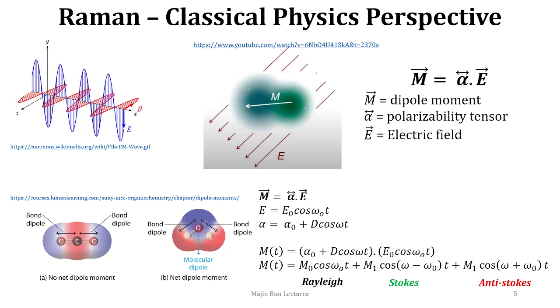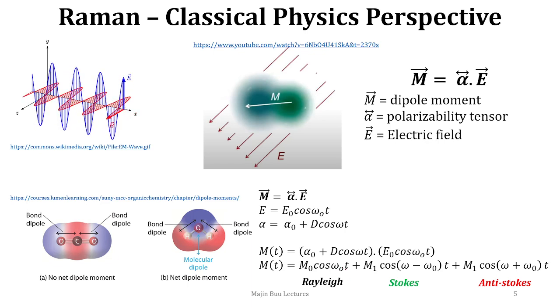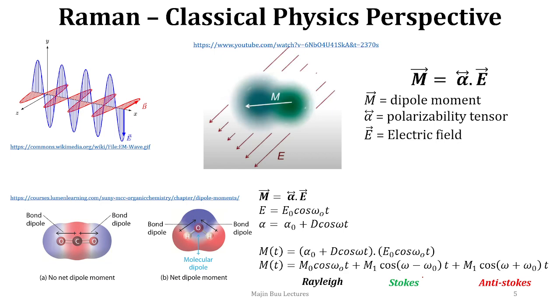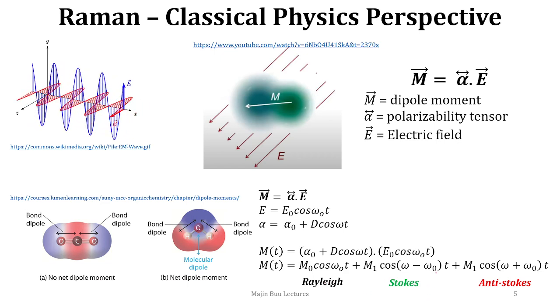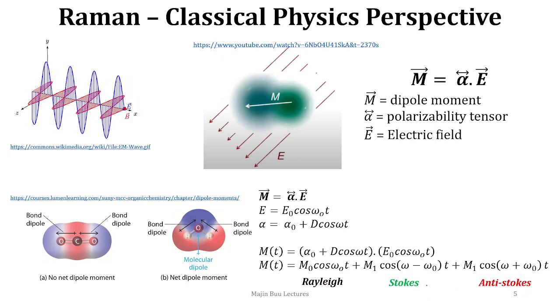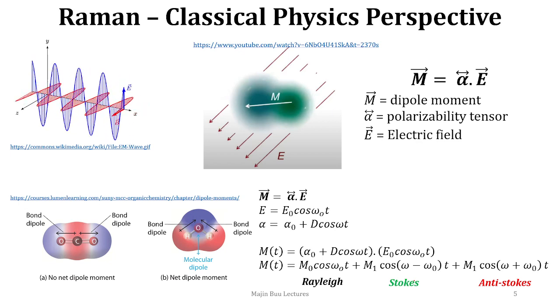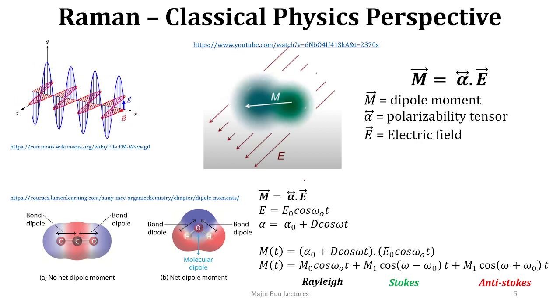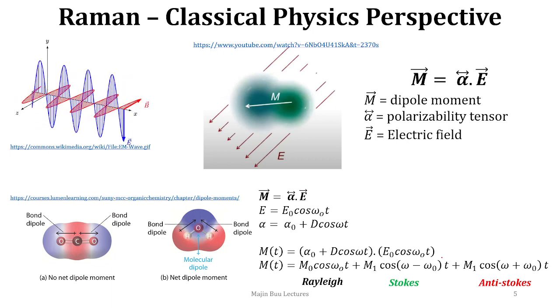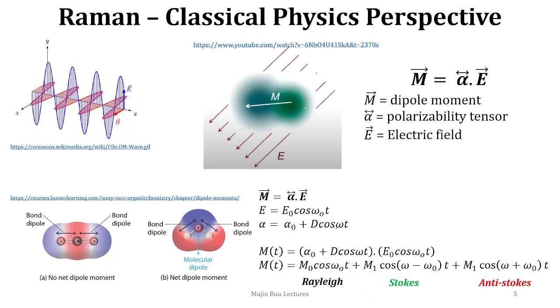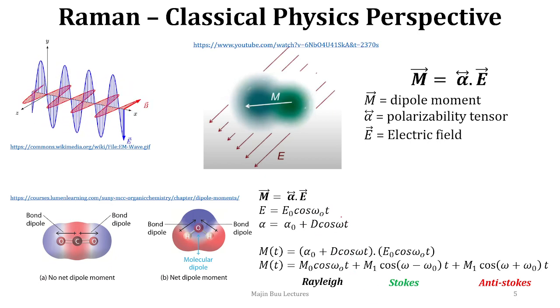So these outputs can be categorized as Rayleigh scattering, Stokes scattering, or anti-Stokes scattering, where the Stokes scattering possesses energy that is lower than the incident energy of the electromagnetic wave, and the anti-Stokes possesses energy that is greater than the incident electromagnetic wave.